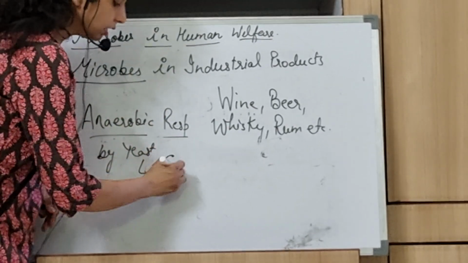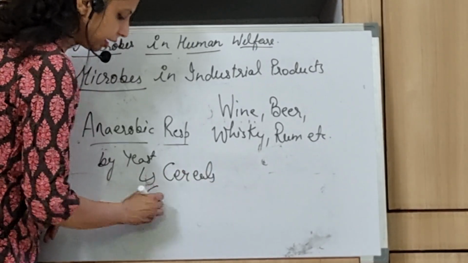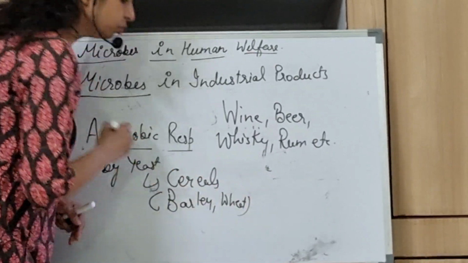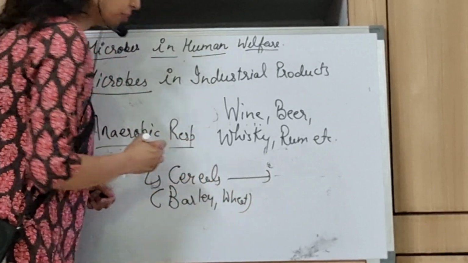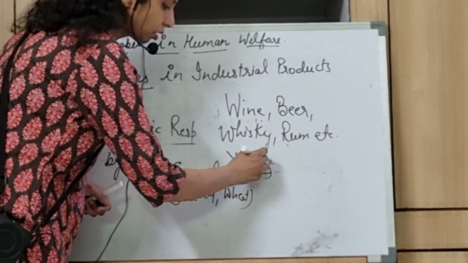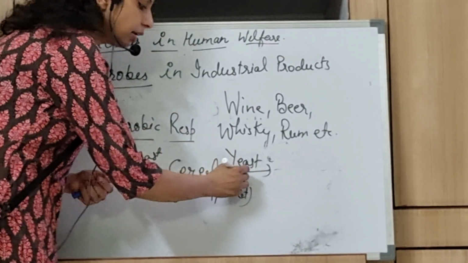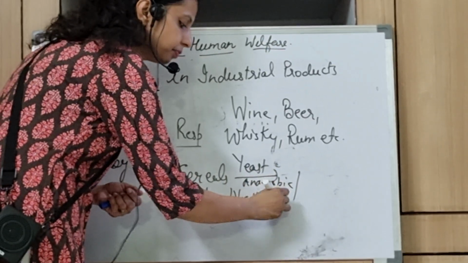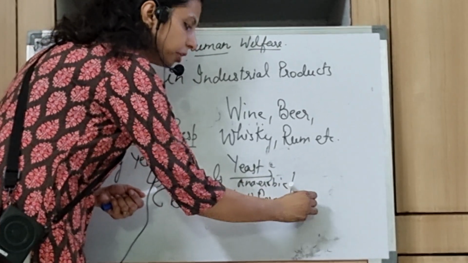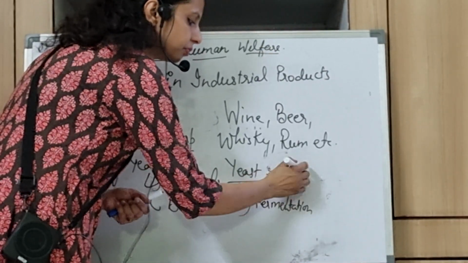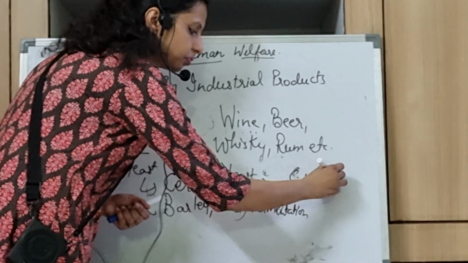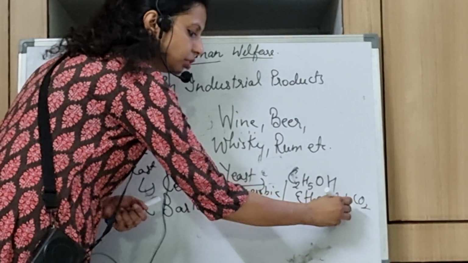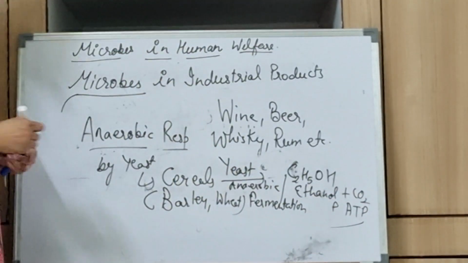For this purpose, cereals like barley and wheat are used for the fermentation process, where yeast grows and does anaerobic respiration, also called fermentation, which produces ethanol, carbon dioxide and energy, the energy in the form of ATP.